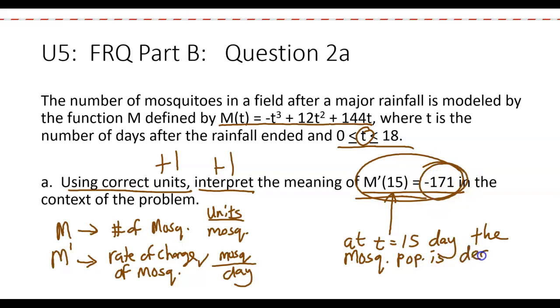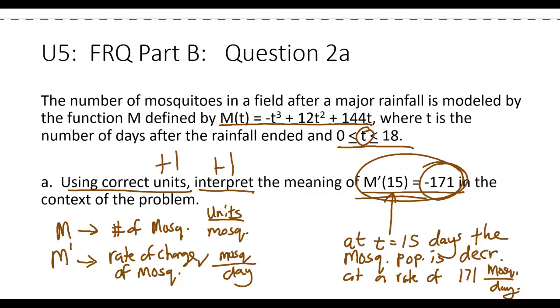It's decreasing because the derivative is negative. So at t equals 15 days, the mosquito population is decreasing at a rate of 171 mosquitoes per day. That would be our interpretation.